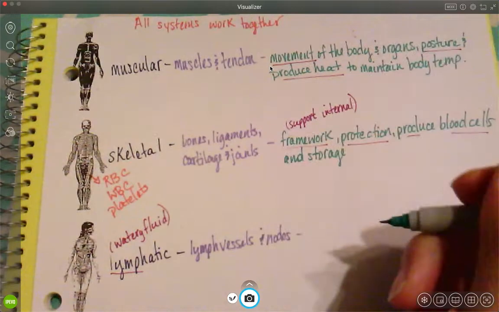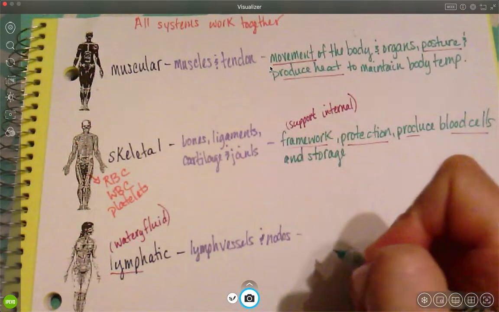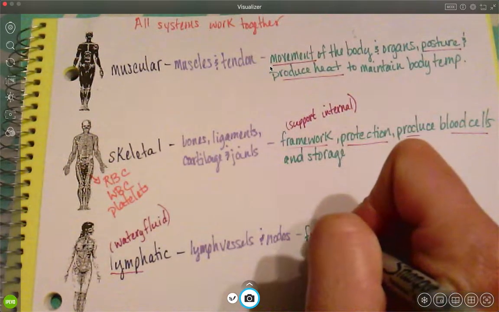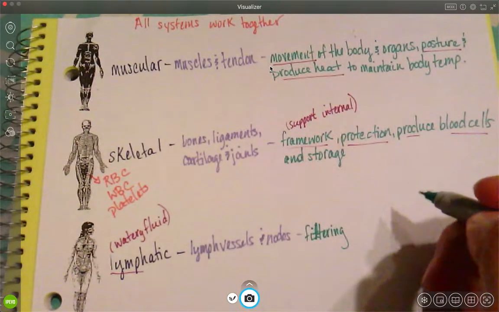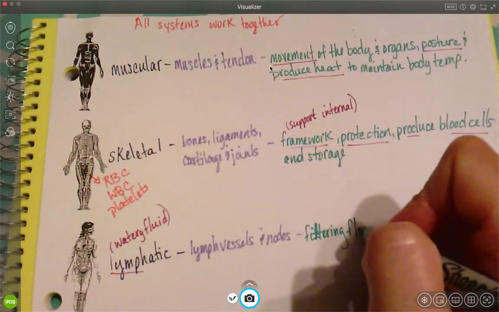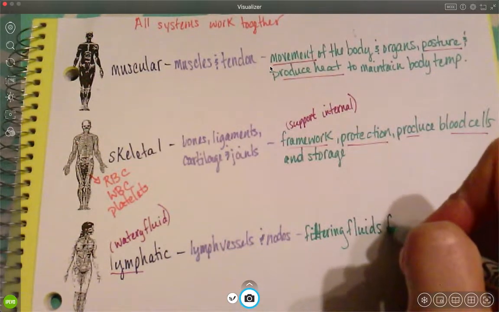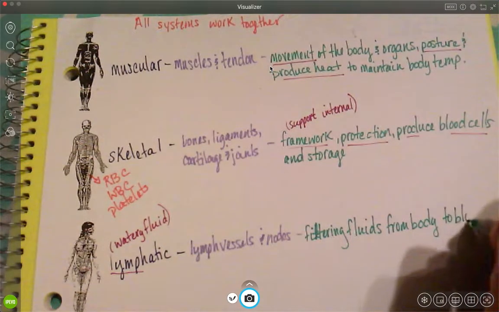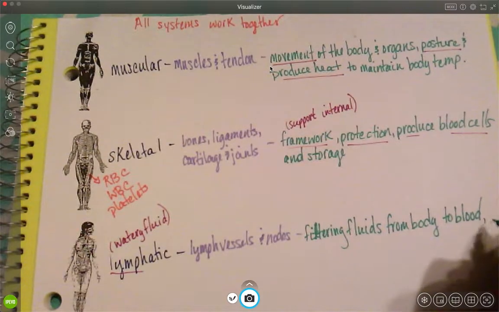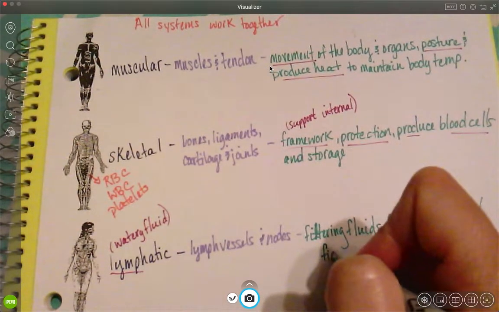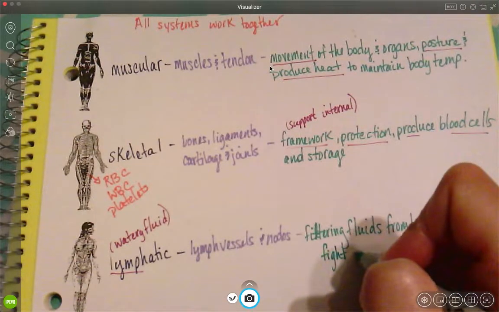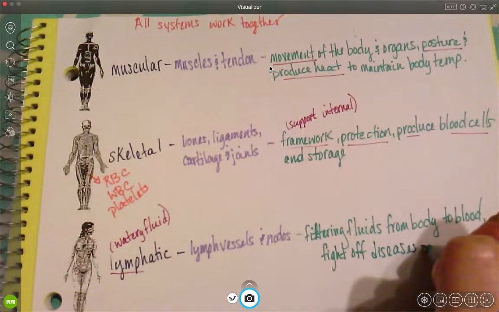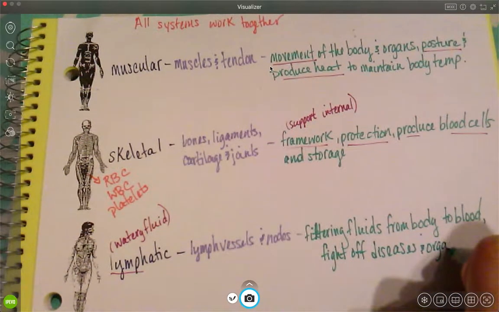Functions. We already talked about this, right? So we're filtering fluids from the body to the blood. We're going to help fight off diseases and any other organisms.